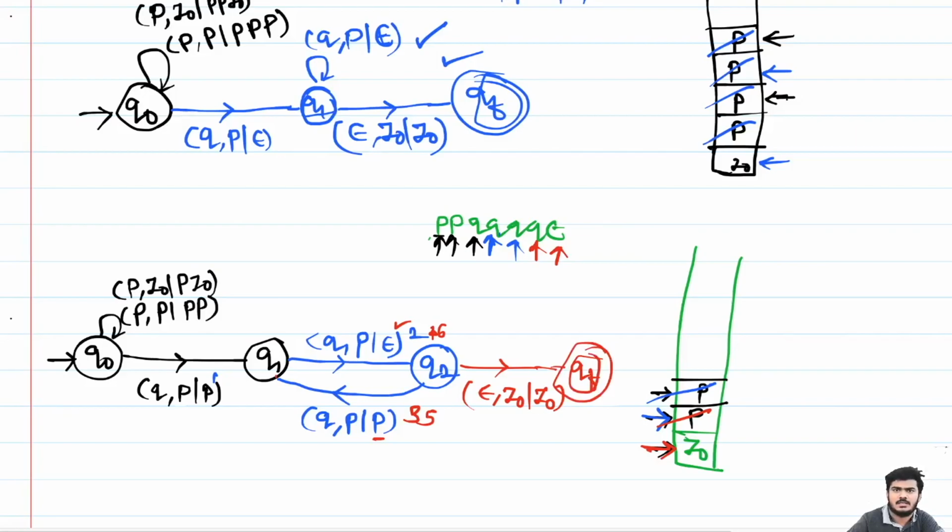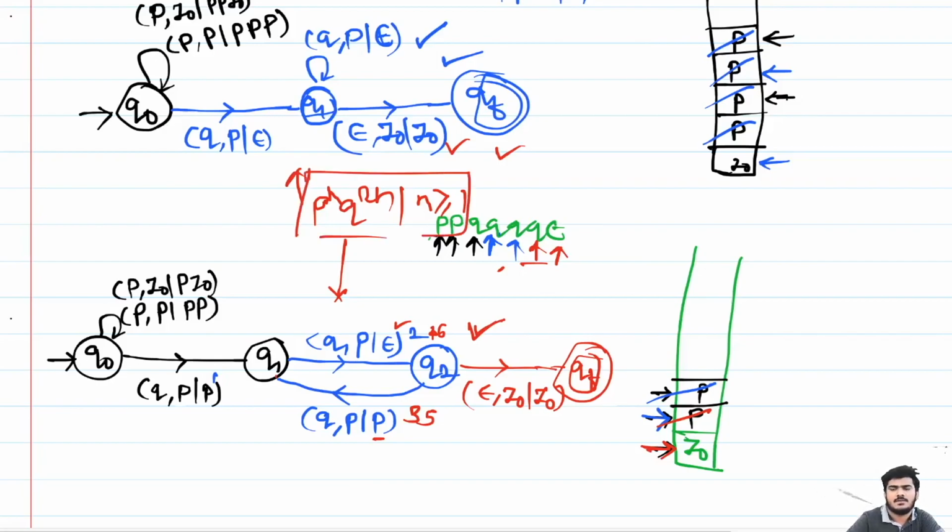And we can say that for this particular language, that is P raised to n and Q raised to 2n, where n is greater than or equal to 1, this is the PDA. Both ways are correct. So this string is accepted by this PDA and also by this PDA. Okay, so this is the PDA for this particular language. Okay, so let's see another example.